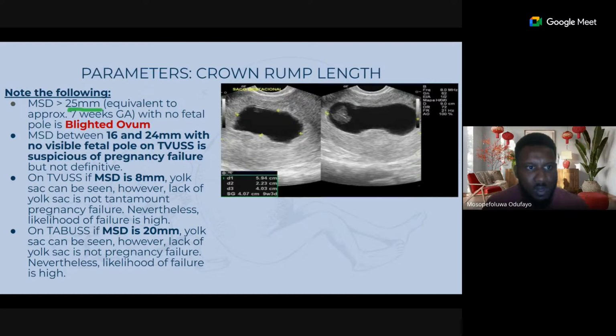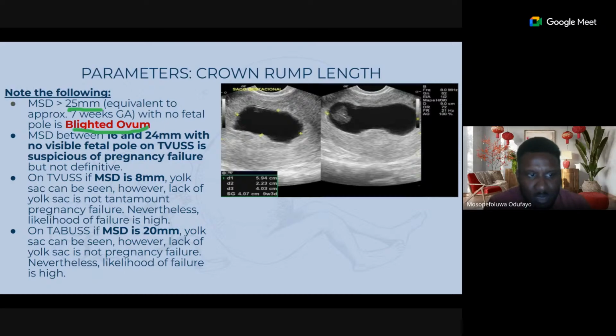That's most likely what we call a blighted ovum. Or in some cases, a miscarriage where there has been complete fetal resorption, which is that the baby has eaten up itself. It appears so hypoechoic, you might not be able to see it. For many cases, blighted ovum. Is that okay? So, greater than 25, blighted ovum.